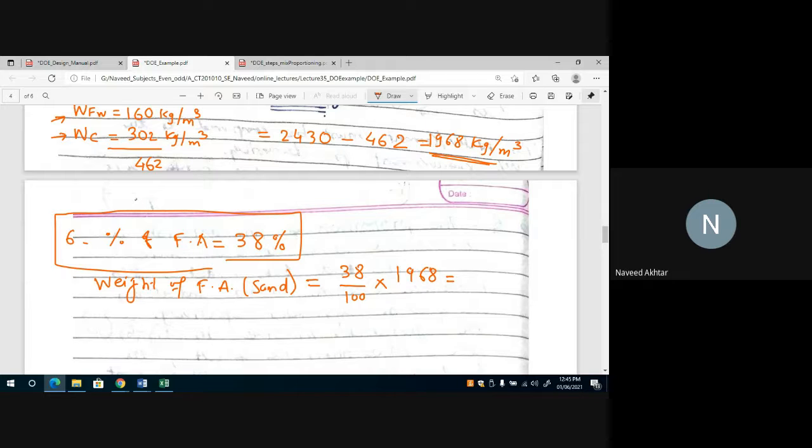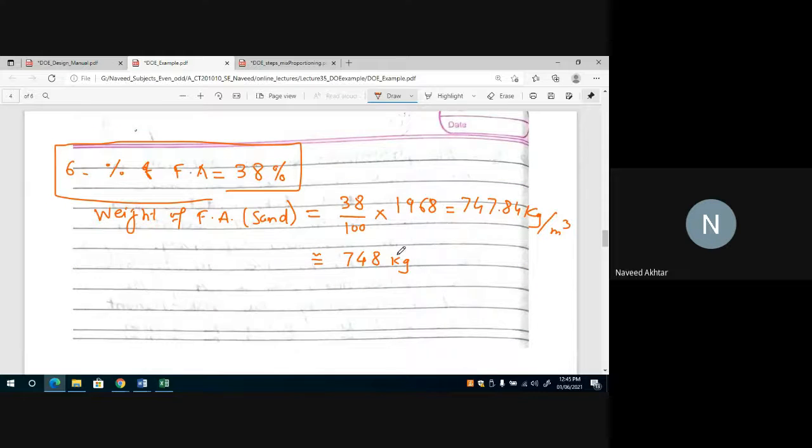So 38% of 1968 kg, you find out, it is coming 747.84 kg per cubic meter. So if I write here, weight of sand is equal to 748 kg. Okay.